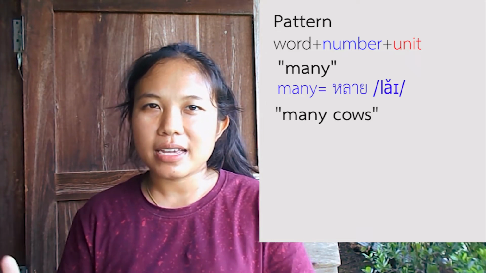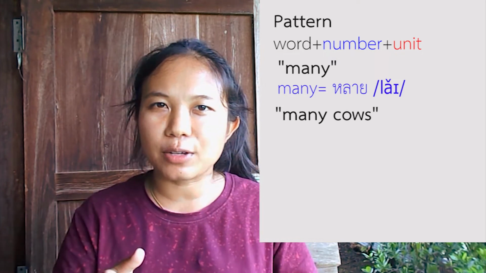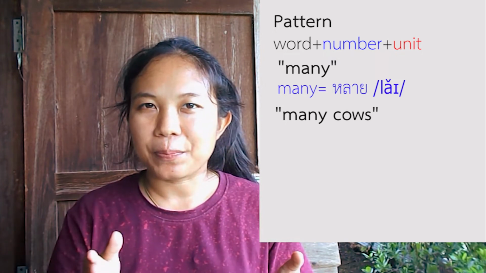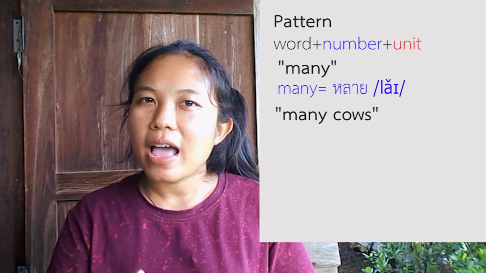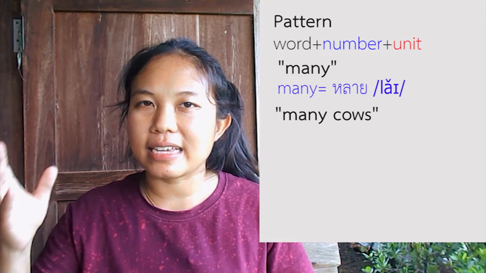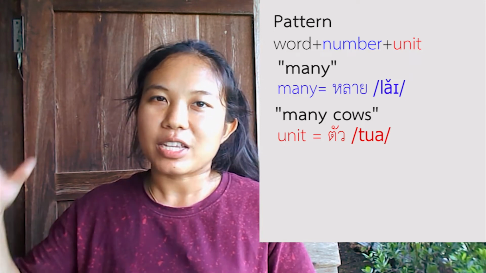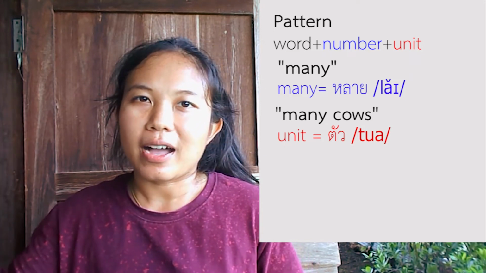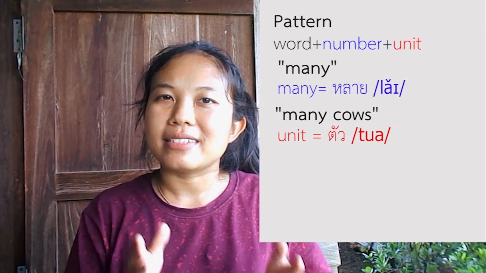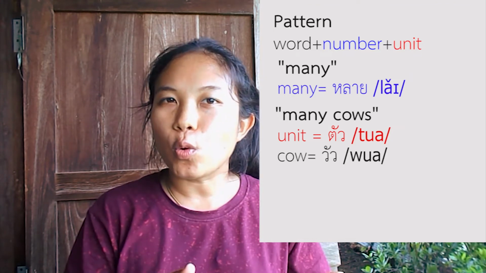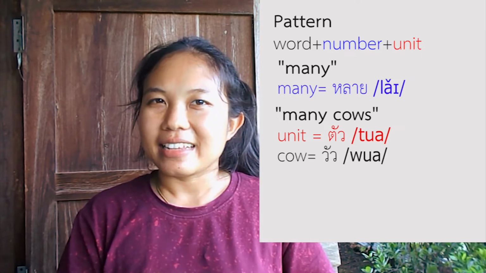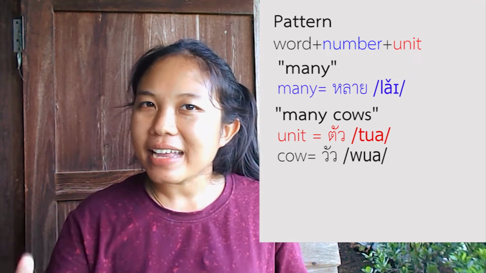If you want to say many cows, you have to think about the cow being an animal. The animal has the same unit, that is ตัว. You know already that the unit of the cow is ตัว. And the word cow in Thai is วัว and then you want to say many.